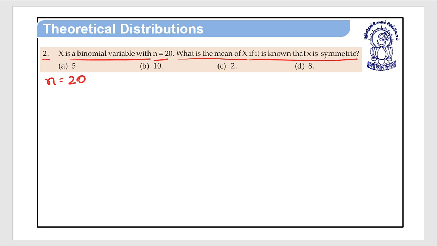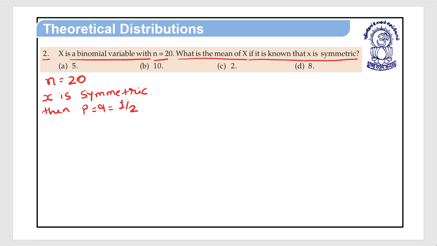Here x is symmetric. It means p is equal to q is equal to 1 by 2.